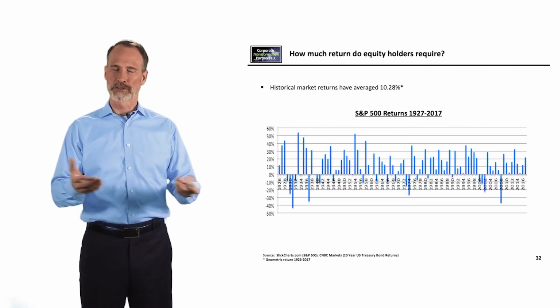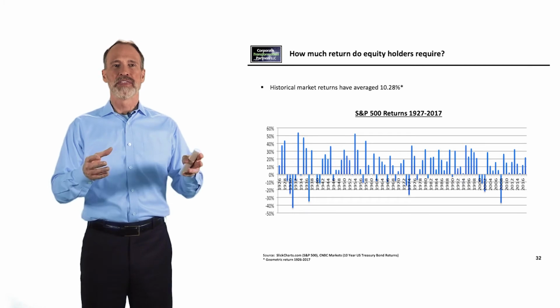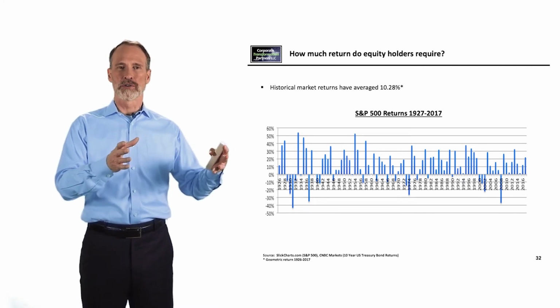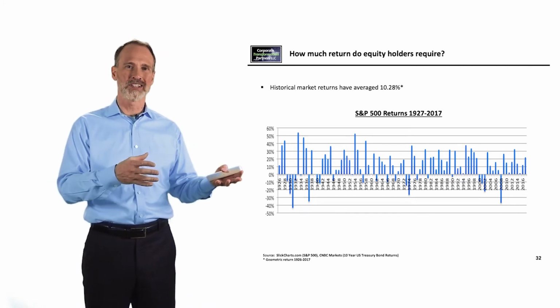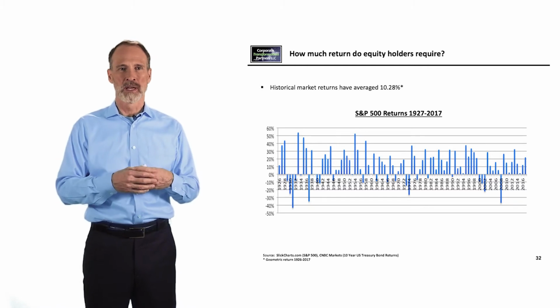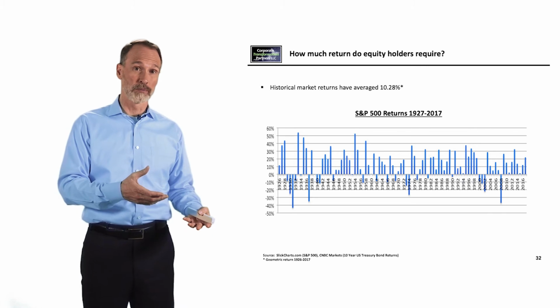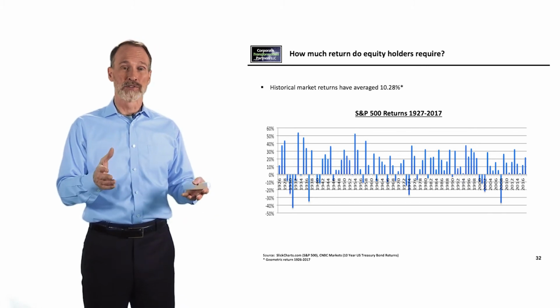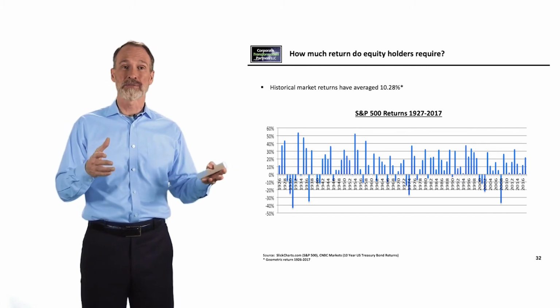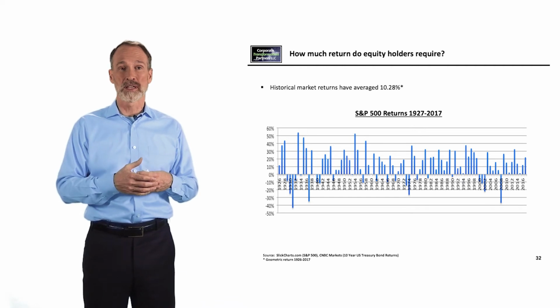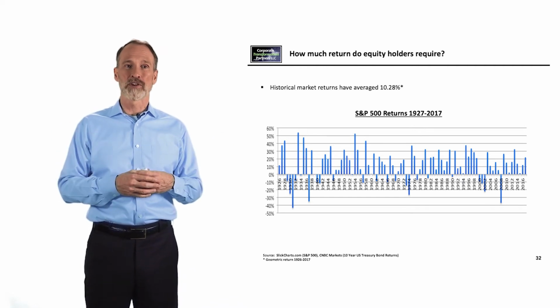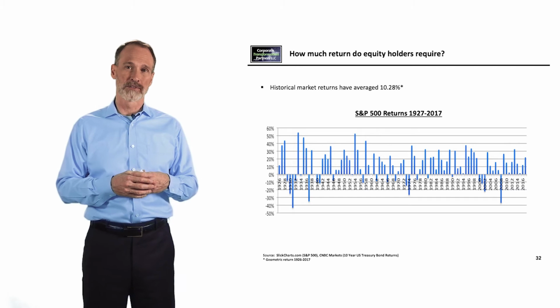And so let's observe. These are the actual returns to the S&P 500 between 1927 and 2017. And notice they're really high in some periods, they're really low in other periods. But on average, between 1927 and the end of 2017, they've offered on average about a 10% return to investors.